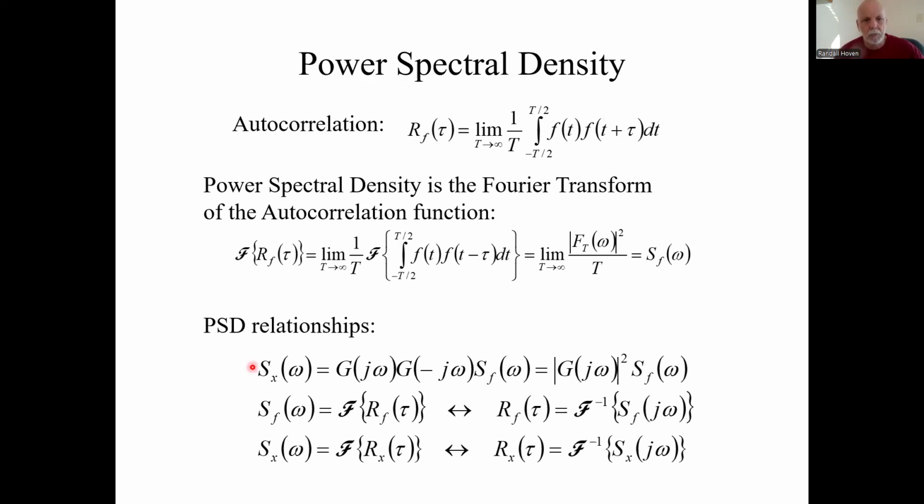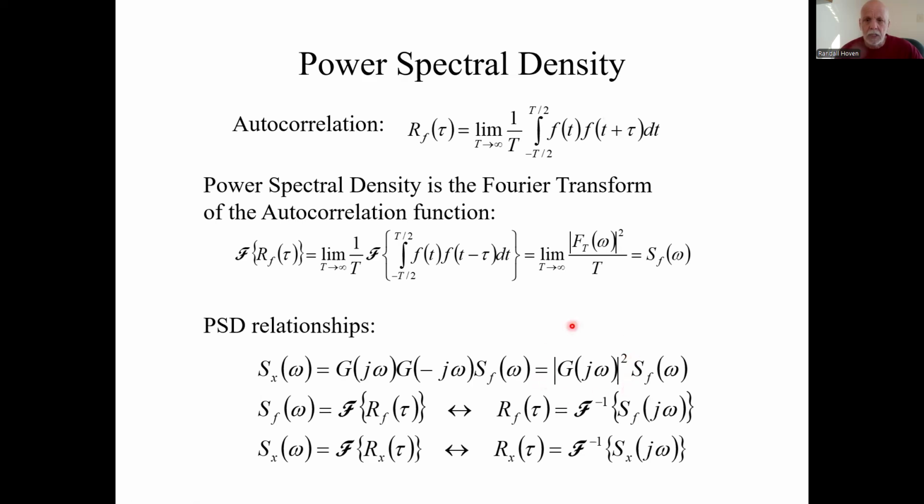And here's the bottom line. Again, I hand waved my way through the derivations. I'm not even attempting that in this video. But the big thing is we can relate output power spectral density to input power spectral density by this relationship. Here's the output spectral density. Here's the input spectral density.